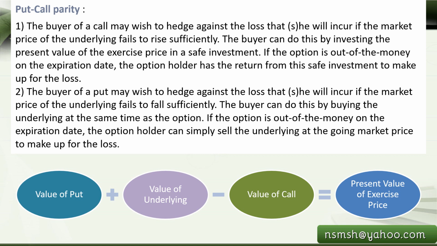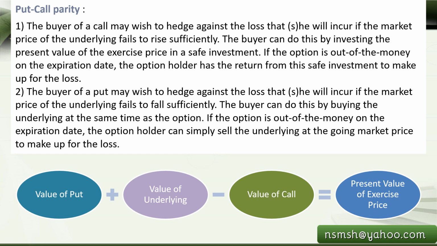Because he will use it if the market is showing him a loss, so that he will cover by that. The buyer can do this by investing the present value of the exercise price in a safe investment. If the option is out of the money on the expiration date, the option holder has the return from his safe investment to make up for the loss. So he will make that safe investment.